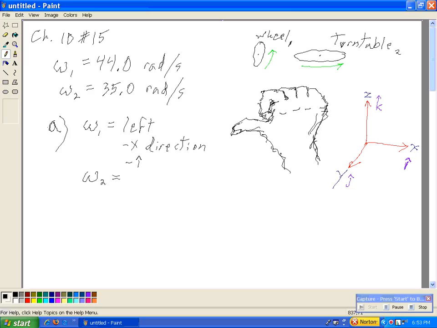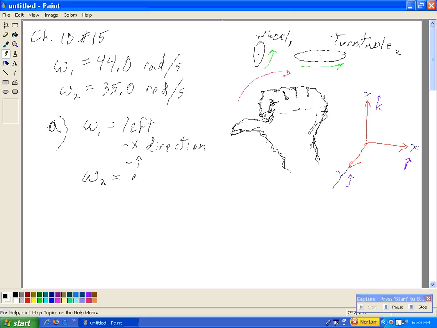The turntable is counterclockwise. So if you imagine just turning the hand over like this so it rests on top, you'll notice it's a thumbs up, and that's the direction of the turntable, the angular velocity.